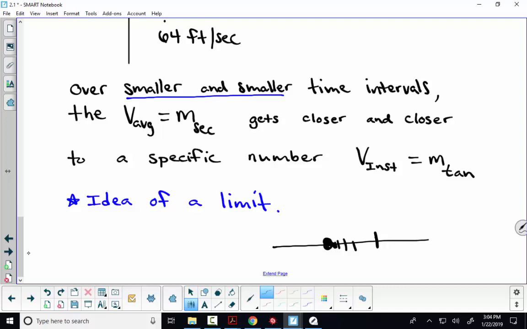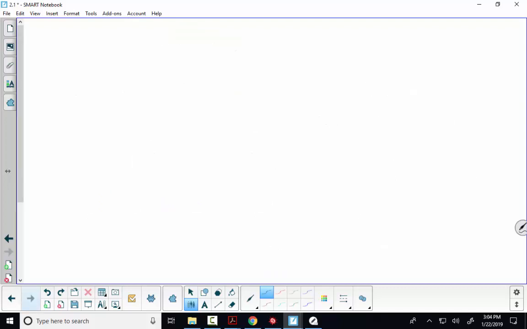As I get as close as I like to something, in terms of the independent variable, what is my dependent variable doing? Does it appear to be approaching a solid single number? So that's the idea of a limit. Again, we don't really formalize that here. We formalize it in 2.2, but let's go ahead and write this stuff down.